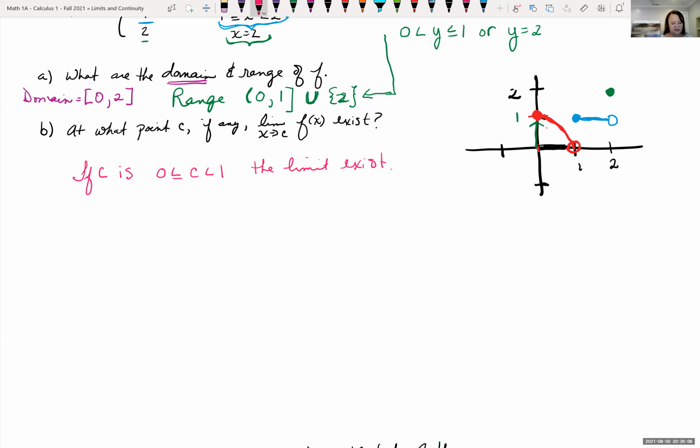I think the better question this would have been is where, if any, does the limit not exist? And so the other values where it's going to exist is if I come in on 1, but not equal to 1. So if c is within this area, so if c is bigger than 1 but less than 2, the limit also exists.